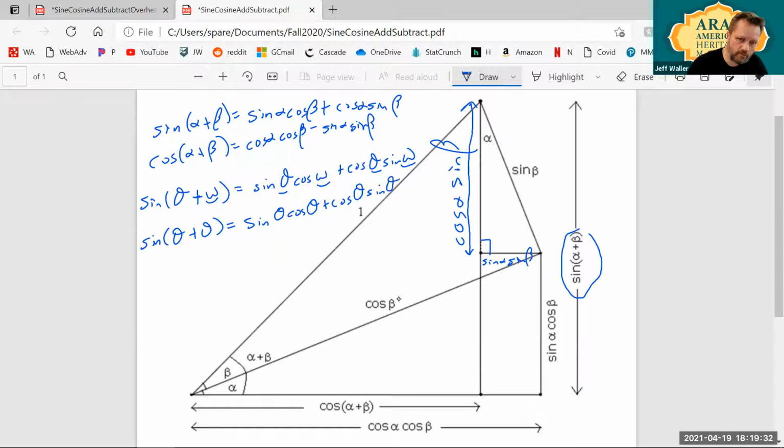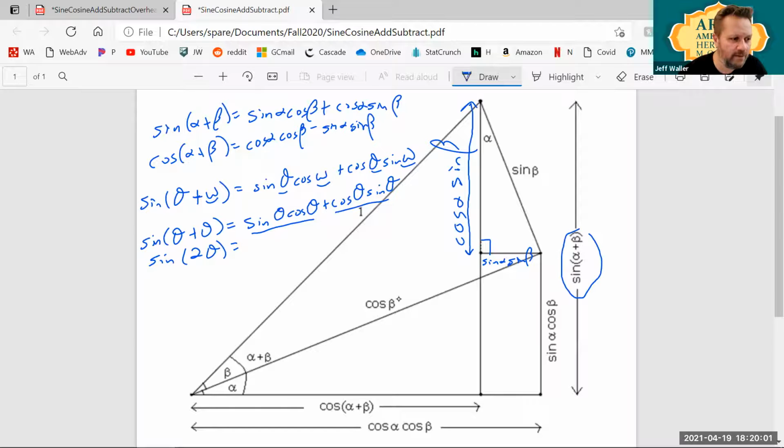So what's a better way to write this? Isn't this sine of twice theta? Didn't that come up earlier? Didn't I tell you we'd be doing this? See how Jeff holds to his word sometimes? Sometimes. Okay. And what's a better way to write sine theta cosine theta plus cosine theta sine theta? Come on, guys. Right. Two sine theta cosine theta.